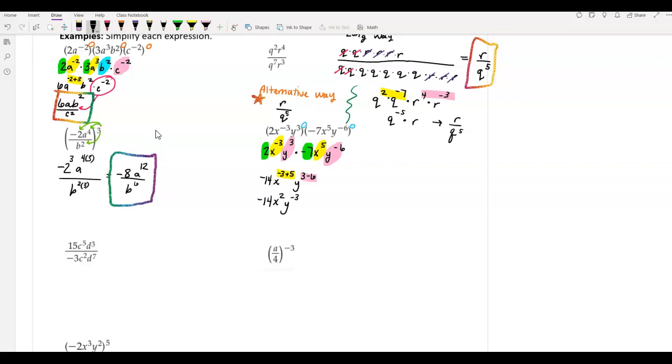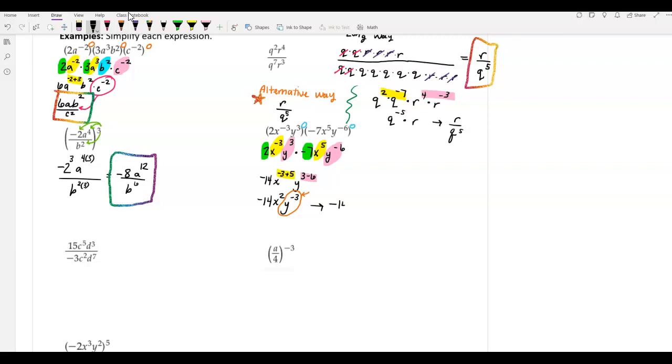Are we done with this problem yet? We're not, and that is because we still have that negative exponent. We need to get rid of the negative exponent. And so we take this y cubed and we rewrite it and put it in our denominator.